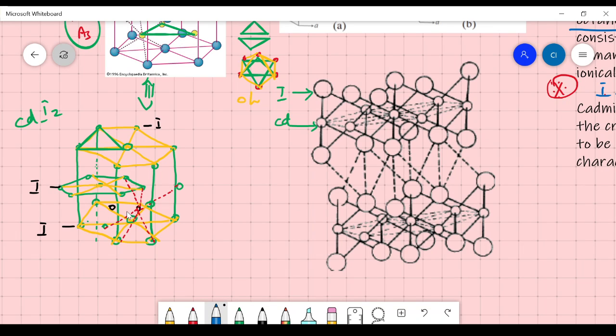So you can see that I am getting a triangle like this, and I'm also getting a triangle like this, right? So these two triangles, I think again you can put these two triangles like this. You can put them parallel.